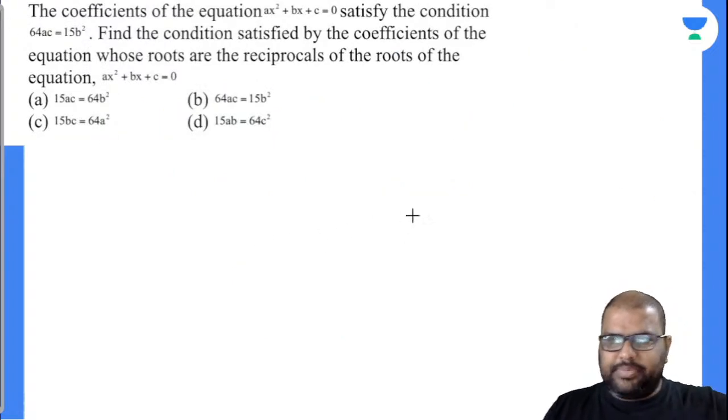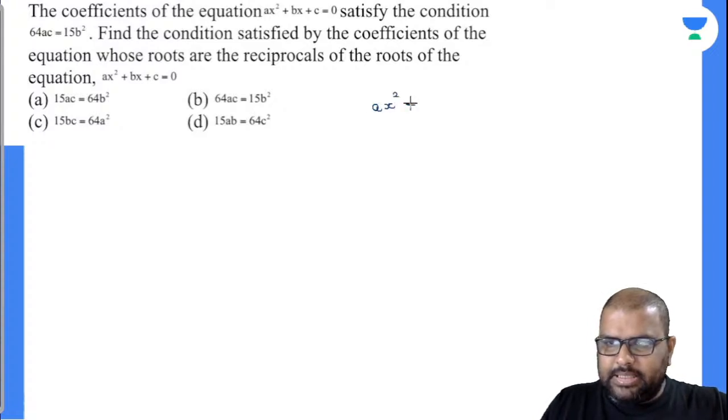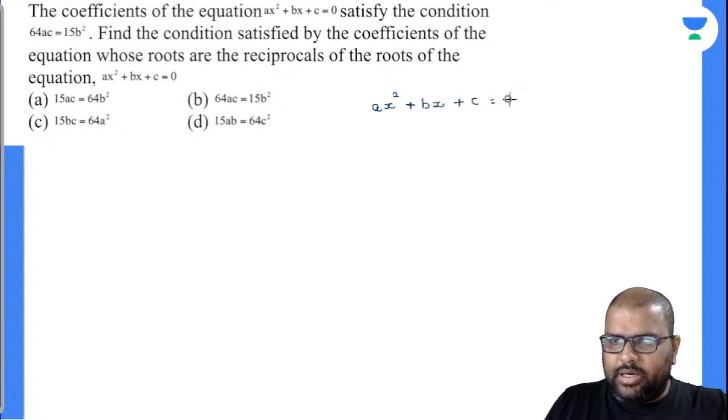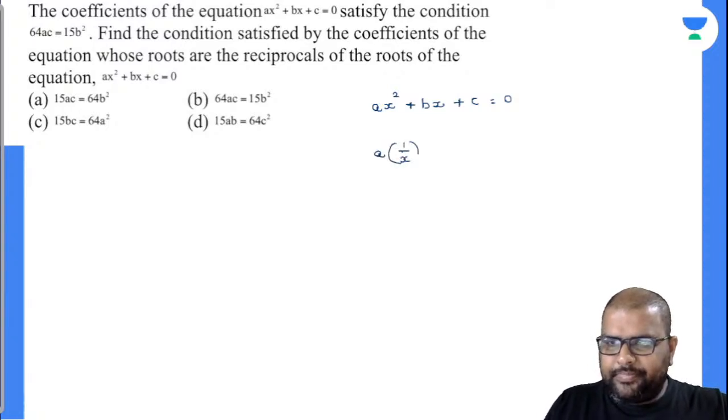Observe there, ax square plus bx plus c is equal to 0. If the roots became reciprocal, then automatically this becomes a into 1 by x whole square. Already I have explained this, right?